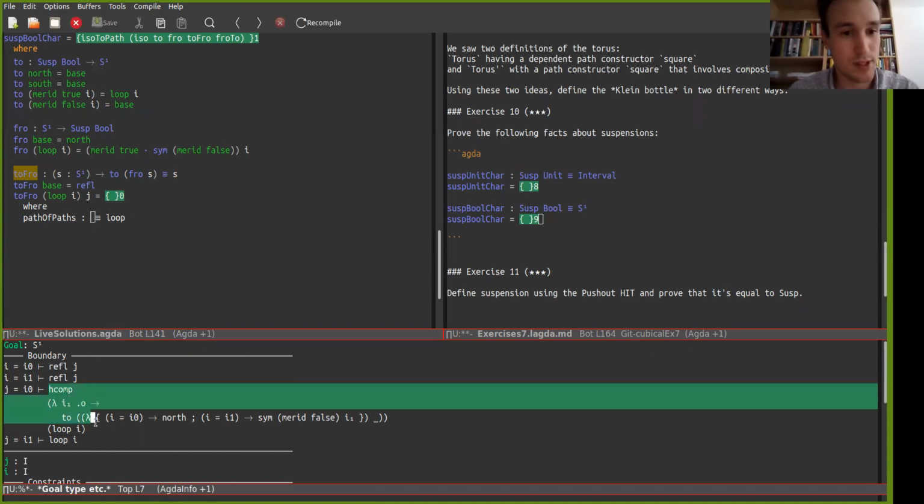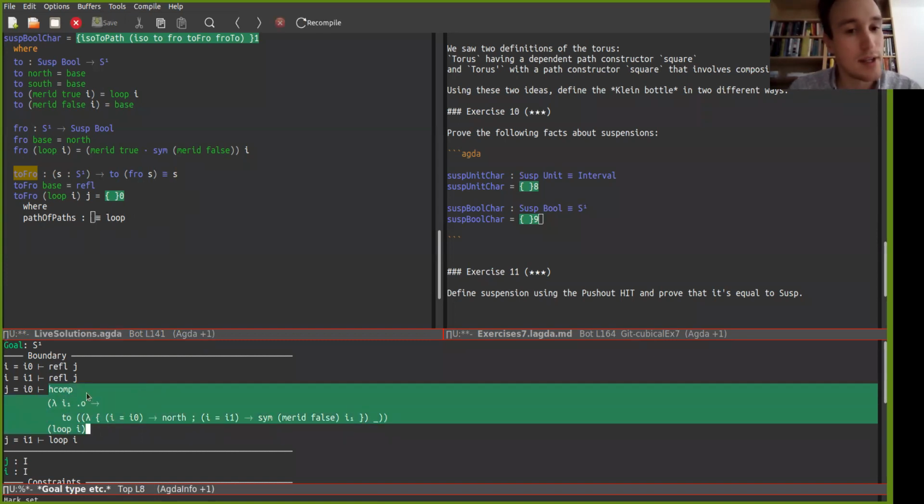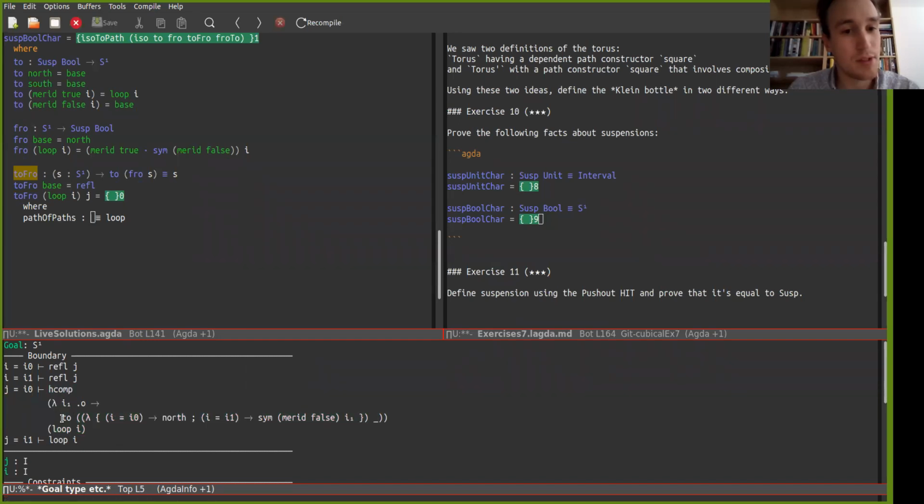And this is going to be this guy, and if you ignore the HComp, we see a 2 here, and we see a sim mirrored false here, which comes from this guy. And a loop here, which comes from 2 mapping mirrored true to the loop here.